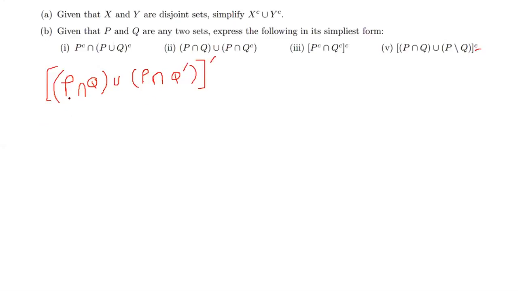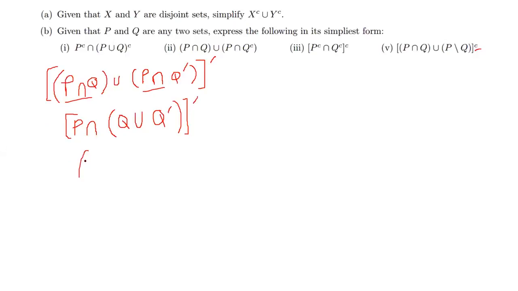So here we can see that there is P intersection, which is common there. So we can factorize it. We're going to have P intersection, and then you open brackets, you're going to have Q union Q complement there, like that. But remember, there are square brackets outside with a complement like that.